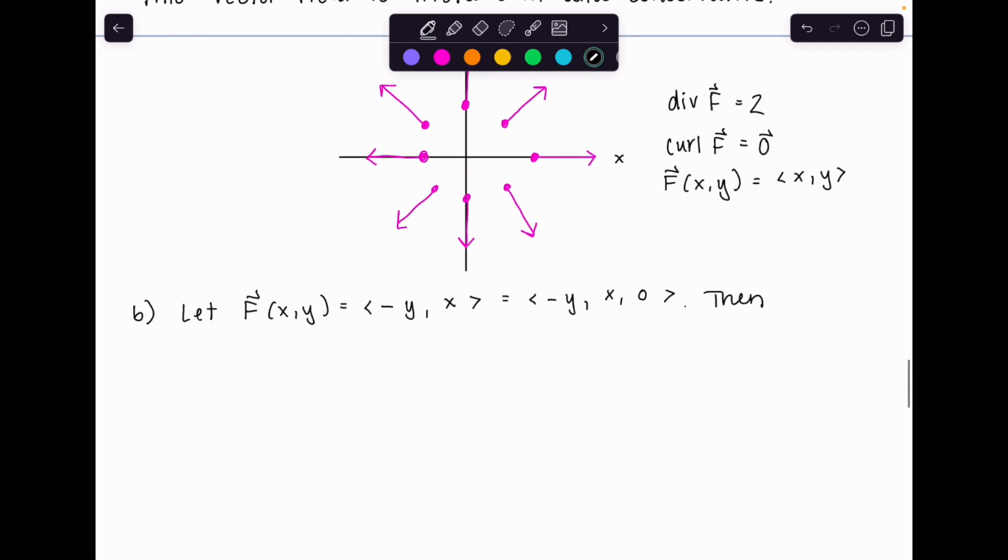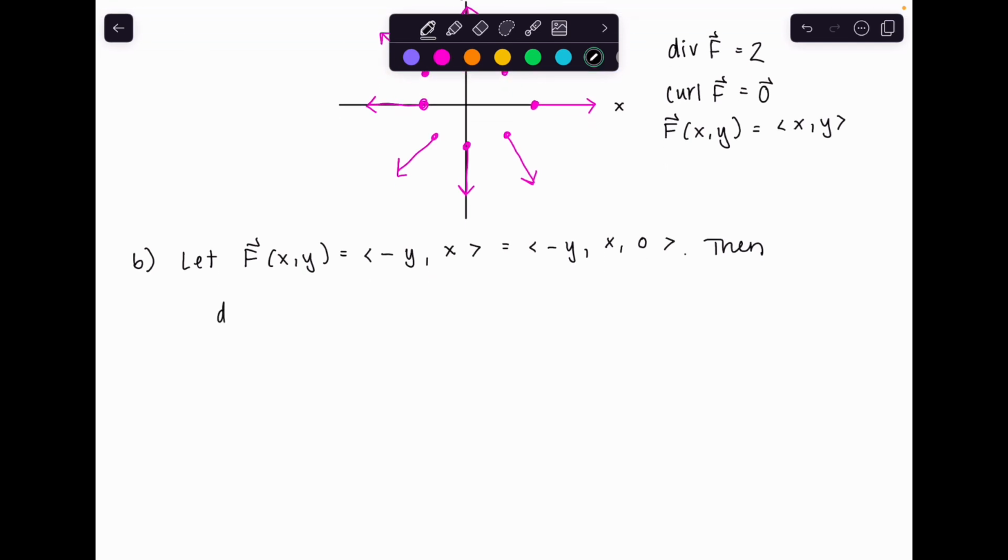Then, if I calculate the divergence of this, it is the dot product, and again, you can just do the 2.